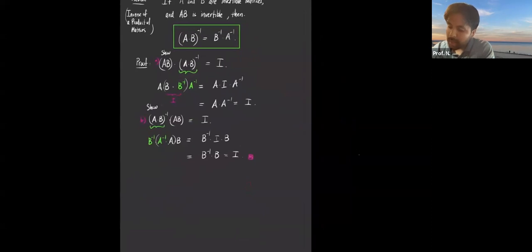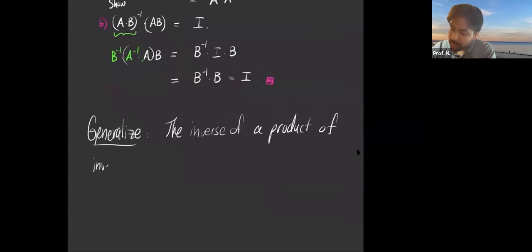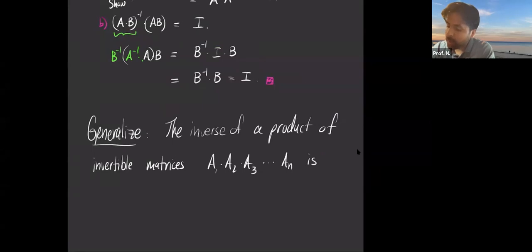So then we can generalize this point. If we have a product of invertible matrices A1 times A2 times A3 up to A sub n, what would be the inverse?